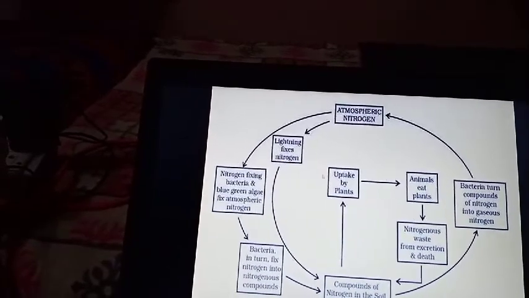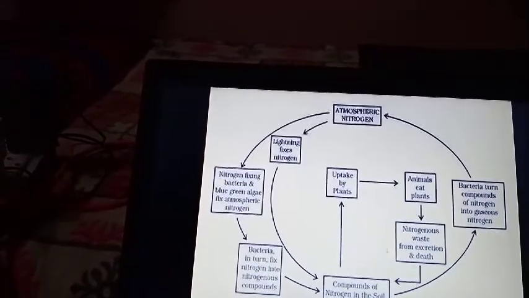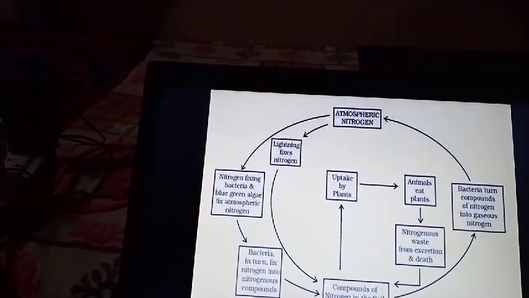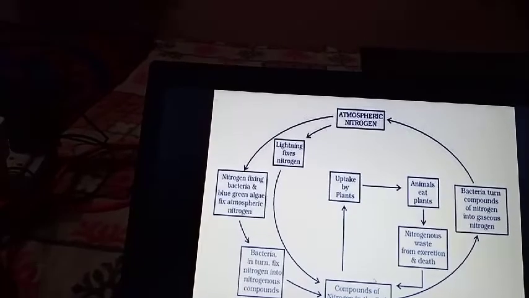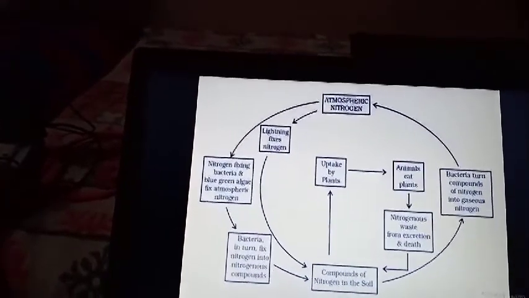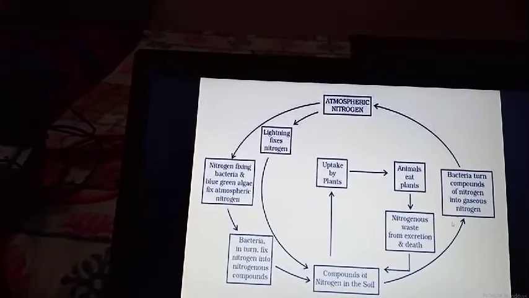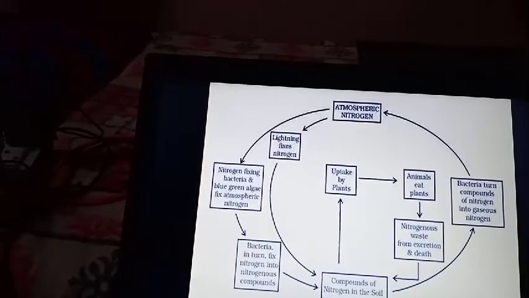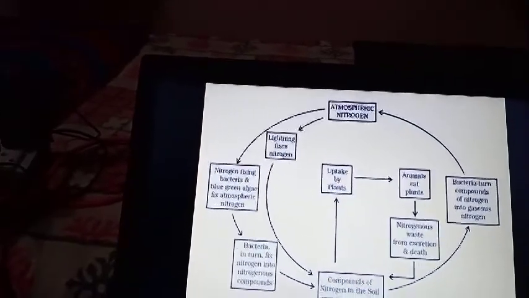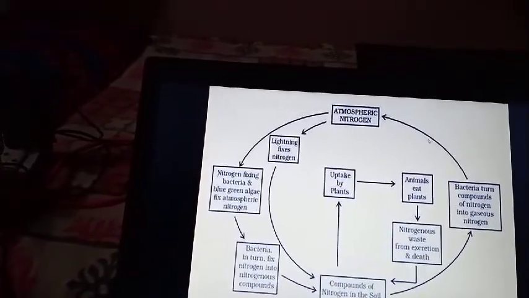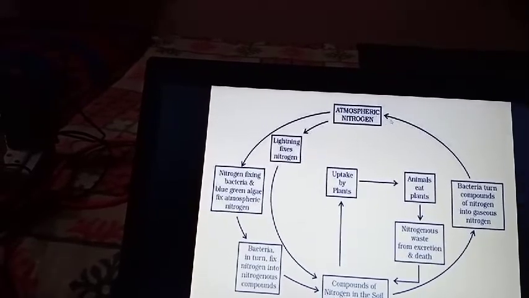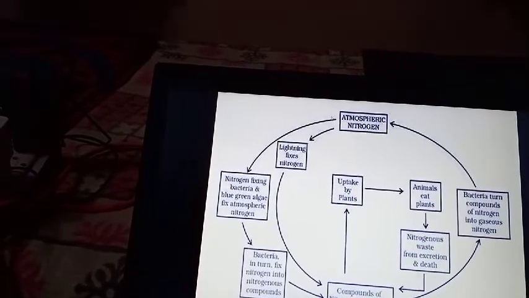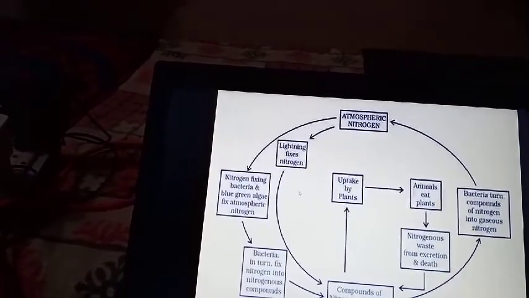So this cycle goes on. Then through nitrogen fixing, the nitrogenous waste is decomposed. The denitrifying bacteria release nitrogen gas also besides ammonia. This nitrogen gas is released into the atmosphere and becomes part of the atmosphere. So the cycle is completed.